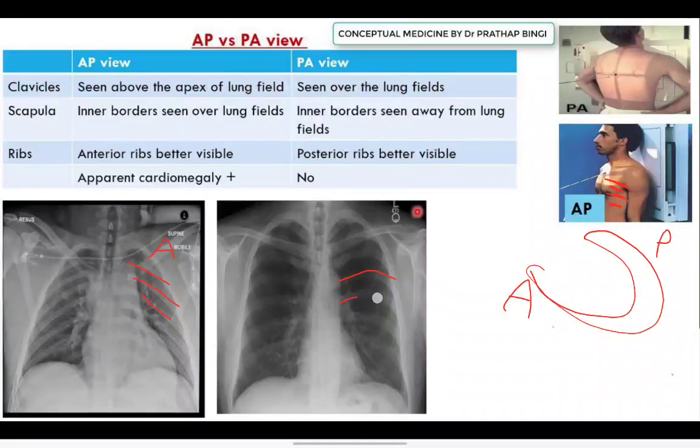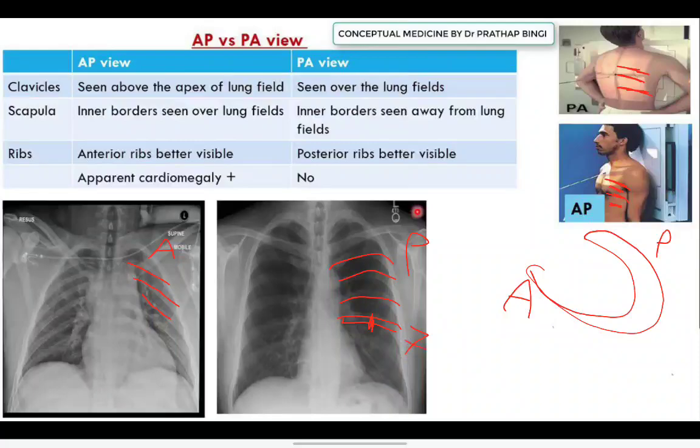And in the PA radiograph, the visualized ribs are the posterior ribs, because we are imaging the patient from his back. So while reading a posterior anterior chest X-ray, if we have a fracture over here at this point, we have to count the rib number, first rib, second rib, assume this is the seventh rib.